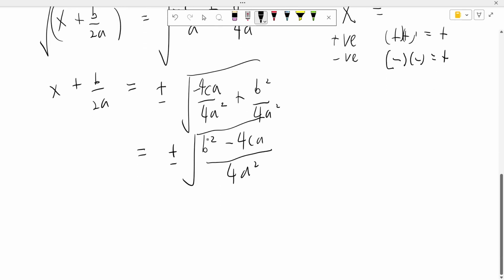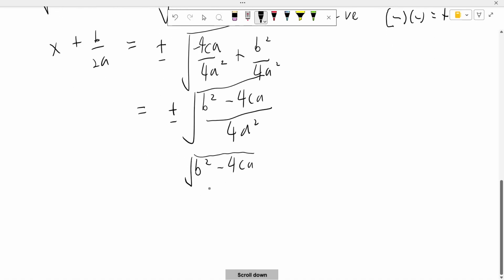Okay, so when you take the square root, you can do something like this. So you do it on the numerator and then you do it on the denominator, and when you do that you get this.